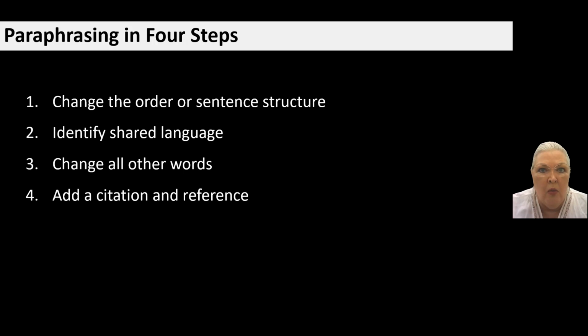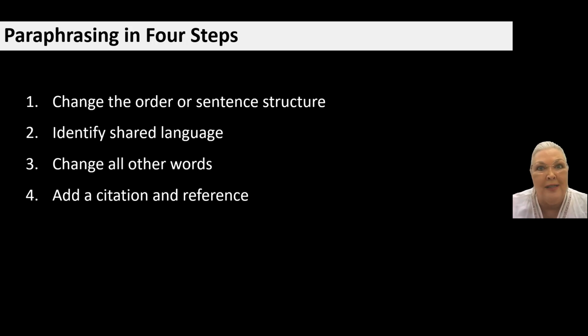Now, if I don't want to spend a whole lot of time revising my paraphrase, I need to follow a certain order of steps. So first, I'm going to change the order or the sentence structure in the sentence. Most of our students are unaware that the sentence structure itself must be changed.